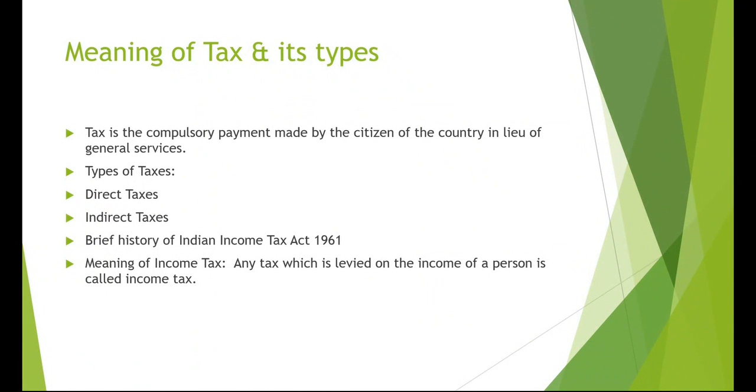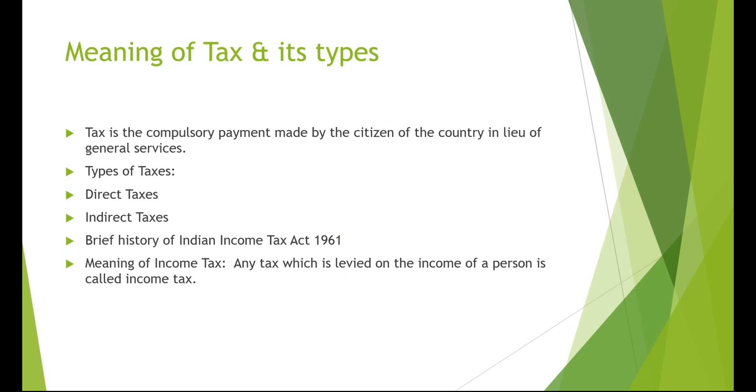Such taxes can be broadly classified into two categories. One is the direct tax and another is the indirect tax. A direct tax is a type of tax, the burden of payment of which cannot be transferred to another person. Say for example, when I earn an income, I have to pay tax.